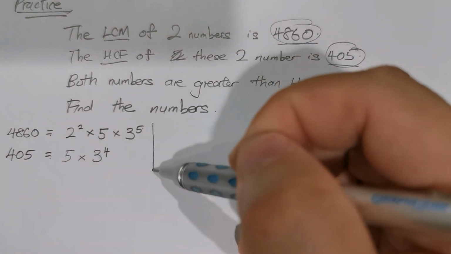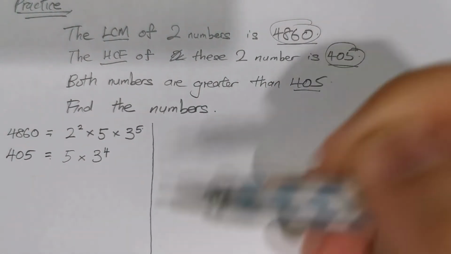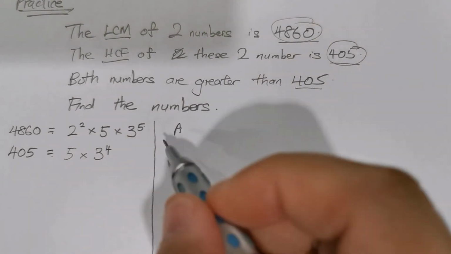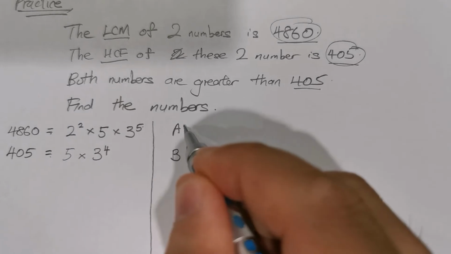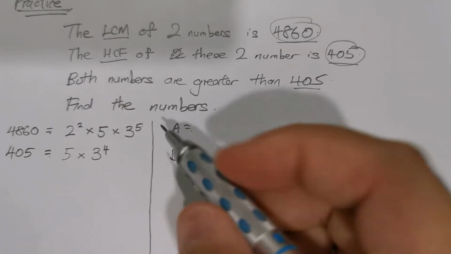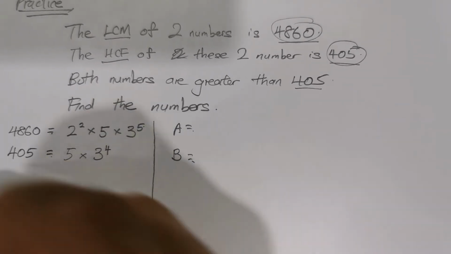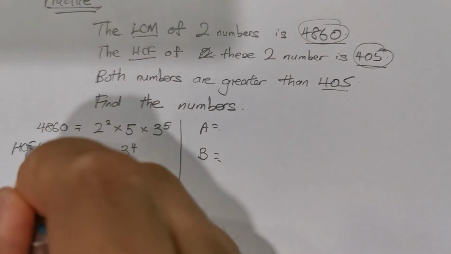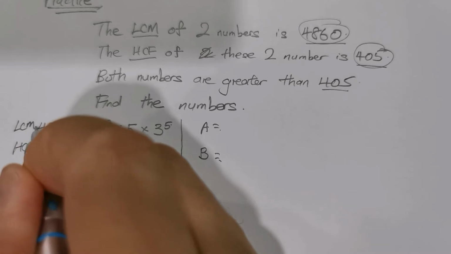Now, let's start the process. We have to find the 2 numbers. Let's call our first number A. The second number we call it B. Now, this is the HCF. This is the HCF. This is the LCM.